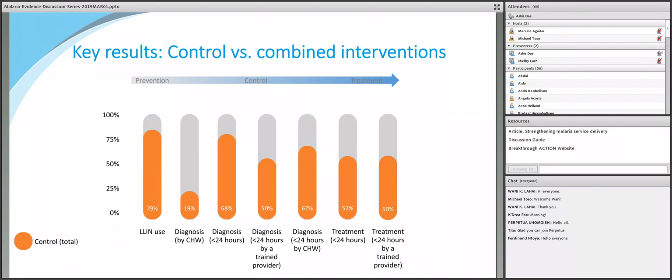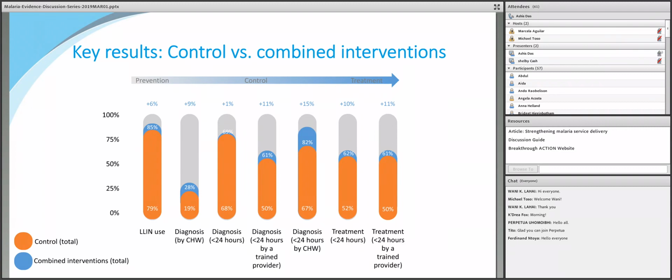So here we summarize the results of prevention as well as diagnosis and treatment. If you see the orange bars, they represent the control, and the blue ones represent the combined intervention.